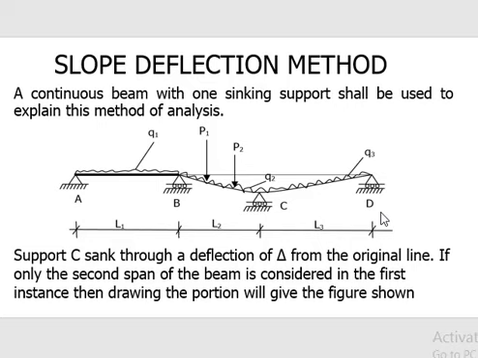A different approach will be employed in this case. Support C of this beam sank through a deflection of delta from the original line. If only the second span of the beam is considered in the first instance, then drawing the portion will give the figure shown.